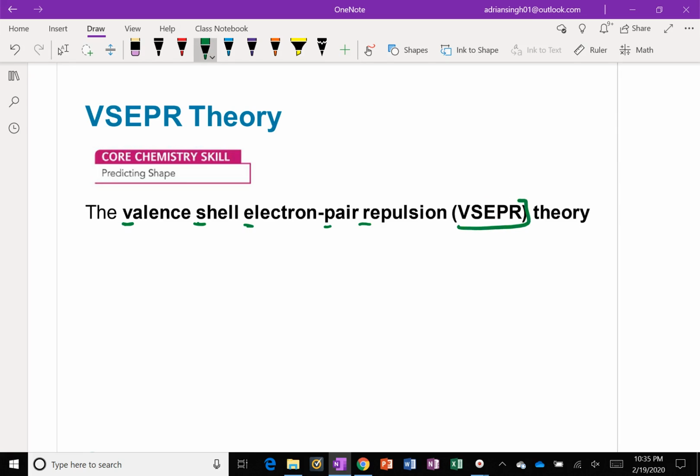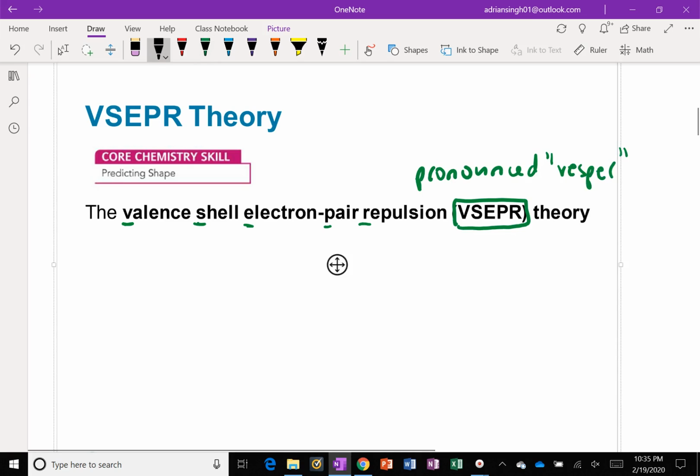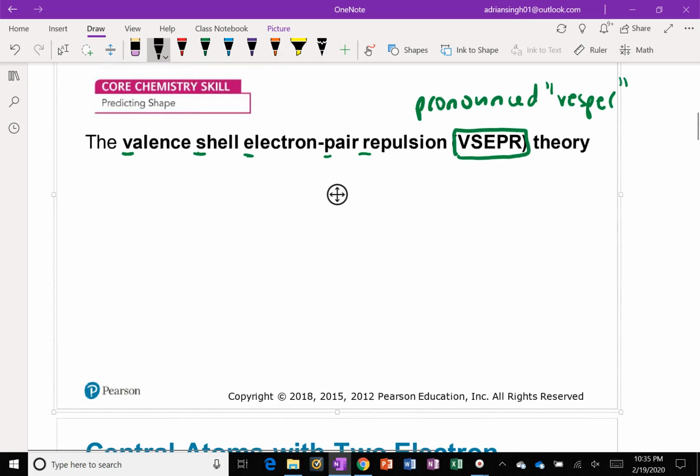So VSEPR, even though it's pronounced "vesper." Okay, and this theory is based on very simple ideas.